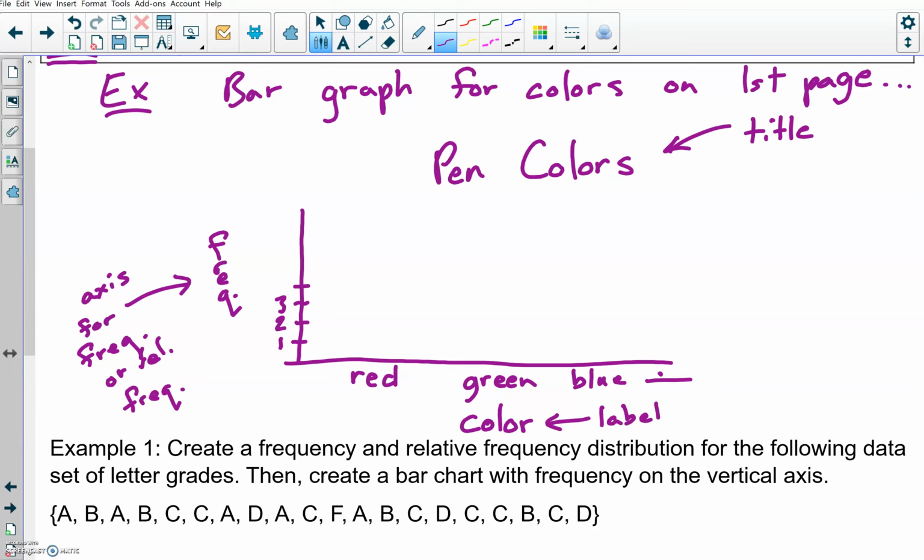And then these are the actual data values. We saw red, green, and blue for our pen color survey. And then we're just going to draw bars here. So the first one is going to go up to 2. I'm running out of time here, and I'm going to pick this up cliffhanger style.